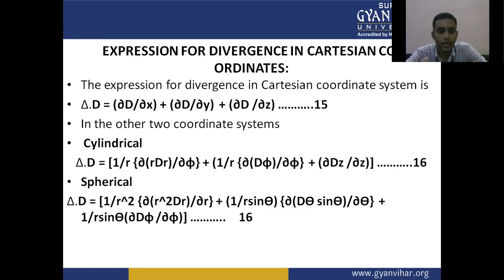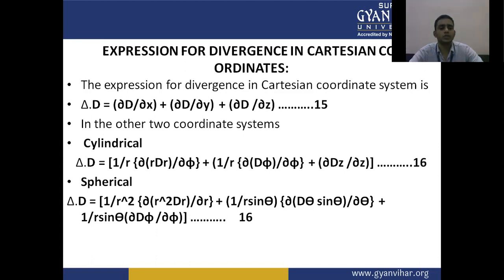Now we have a further important relationship between the spherical coordinate system and divergence. So del dot D is the divergence, and it is represented as 1 upon r squared del (r squared D_r) over del r plus 1 upon r sine theta del (sine theta D_theta) over del theta plus 1 upon r sine theta del D_phi over del phi.